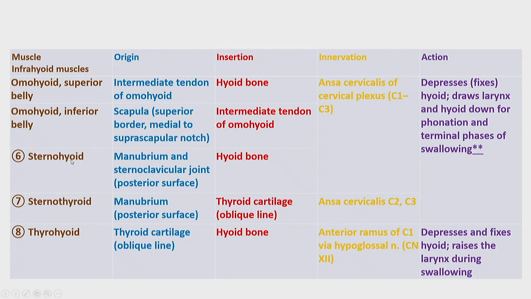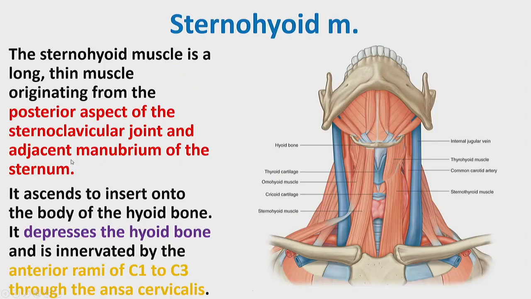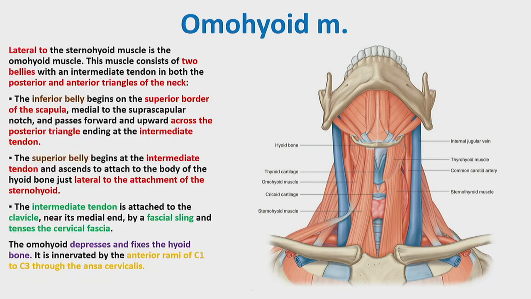And then sternohyoid and sternothyroid. They are called strap muscles according to their shape, and are innervated by the deep ansa cervicalis. The omohyoid muscle is lateral to the sternohyoid muscle. It has a superior belly and an inferior belly.